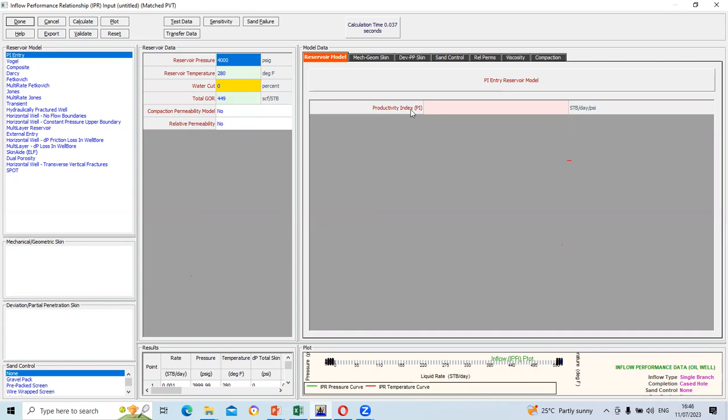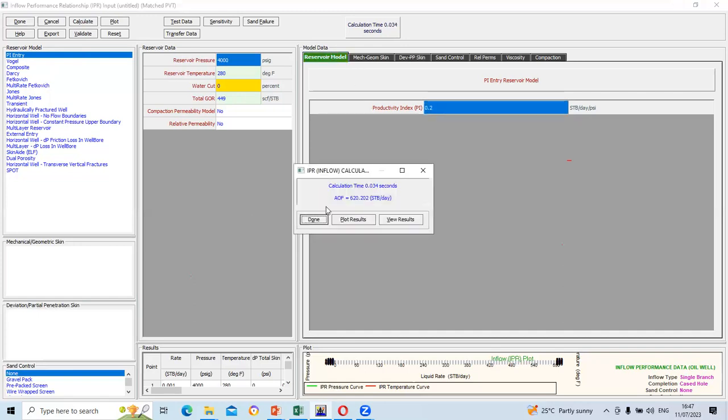But remember, our productivity index here is equal to what? PI. But if you choose this particular method, you still end up having a curve, not a straight line. Let's assume that our productivity index is 0.2 stock tank barrel per day per psi.